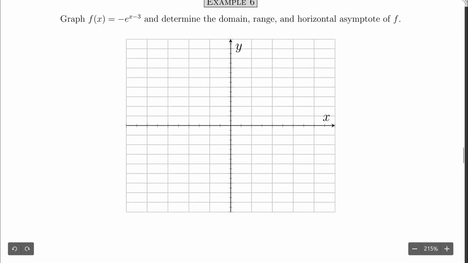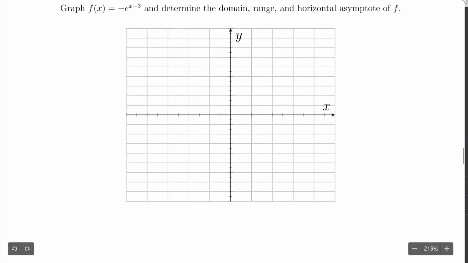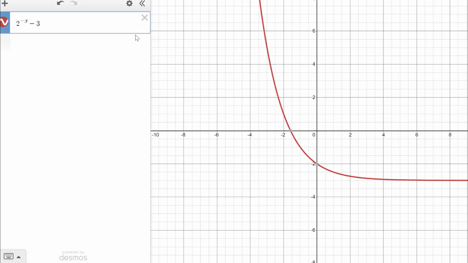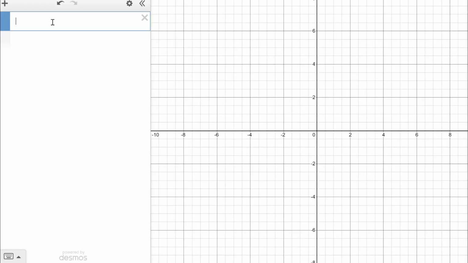Example 6, graph the function, determine the domain, range, and horizontal asymptote. So we're going to graph negative e raised to the x minus 3 power. We have negative e raised to the x minus 3 power.